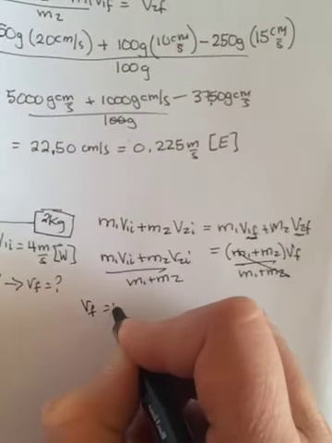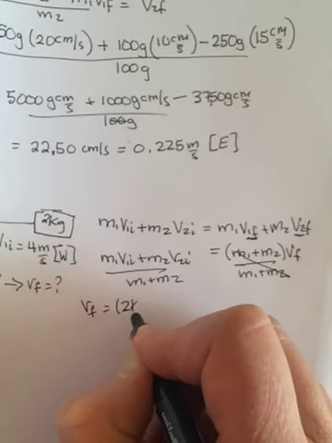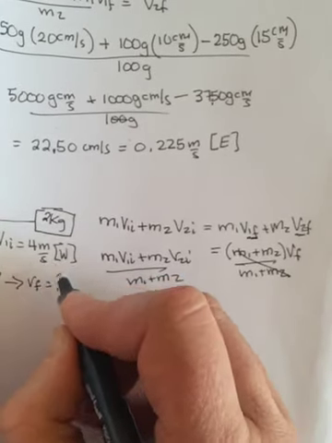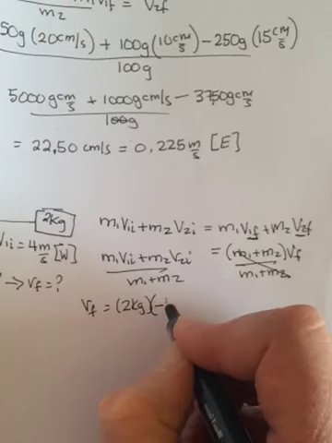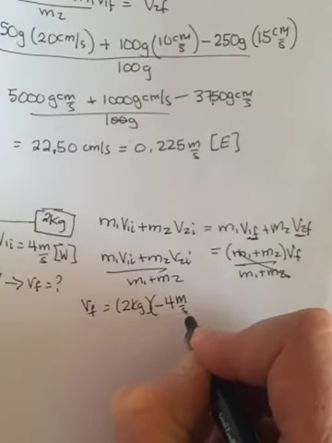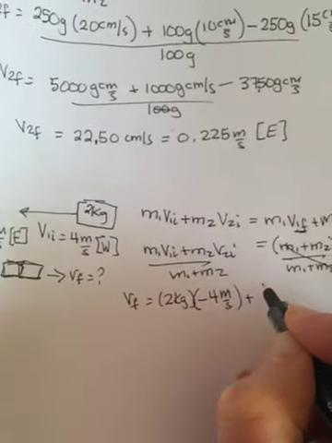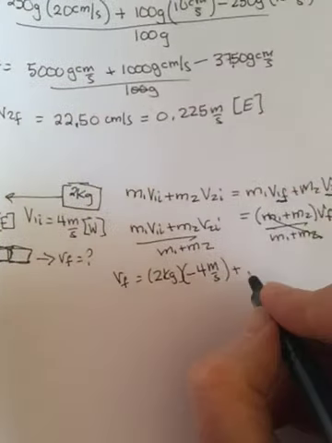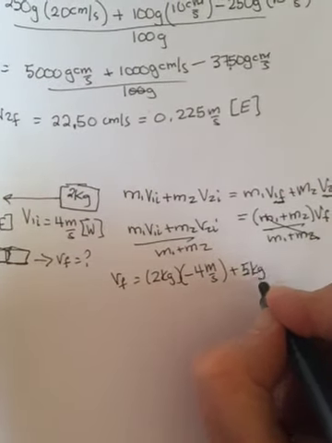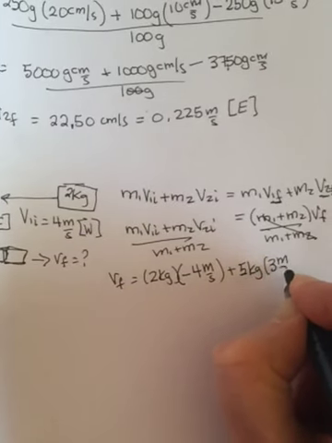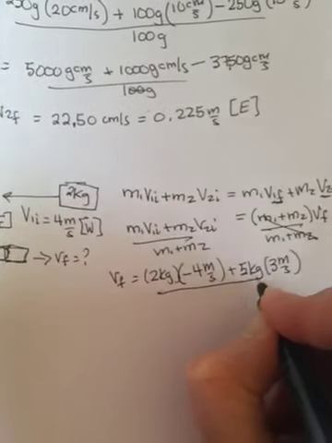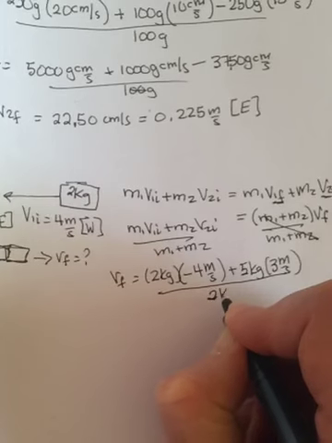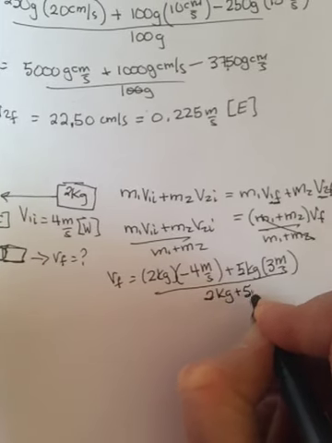So we'll have VF equals m1 was 2 kilograms. And v1 initial was 4 meters per second west, so it needs to go in as a negative. m2 was 5 kilograms, and it was going 3 meters per second east, so it goes in as a positive. Divided by 2 kilograms plus 5 kilograms.